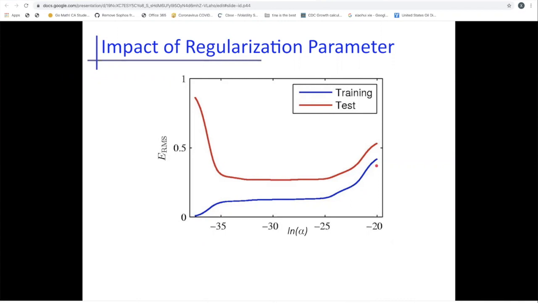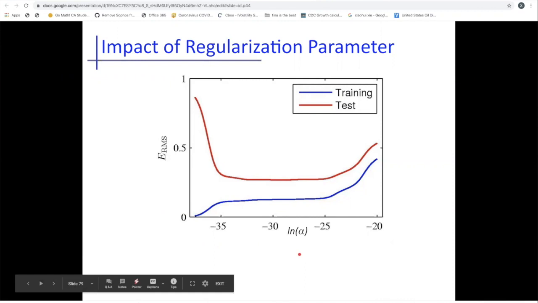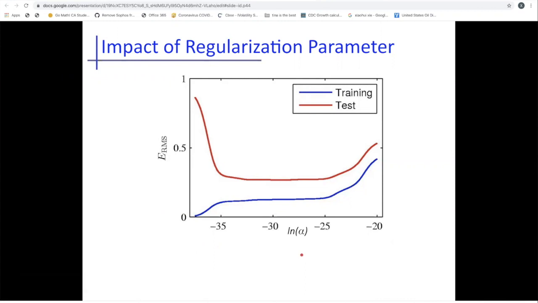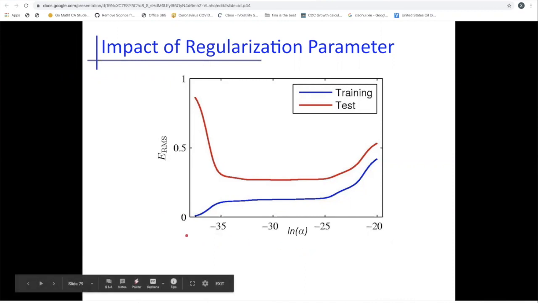So as a result, your training error increases when you increase the regularization parameter. Which means that if you go from left to right here, your model becomes less and less complex because more regularization is imposed on your models.